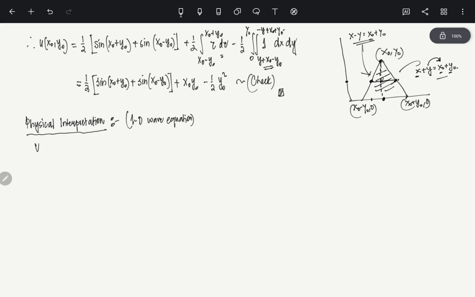So essentially, let's say u of x, t, and that represents the displacement in some direction x, at time t greater than or equal to 0.